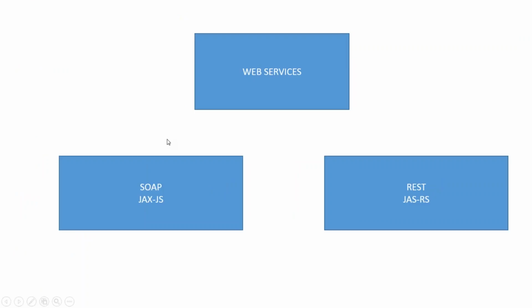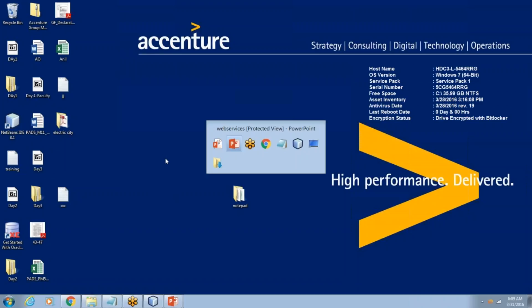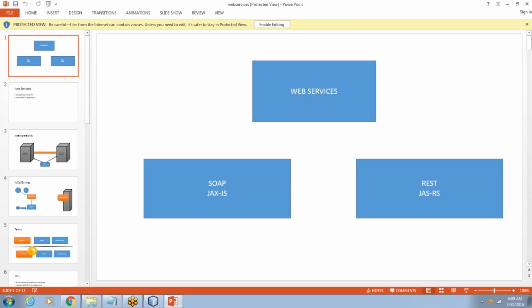Now next let us start with the web services. Any idea on web services? What is a web service? Let me say a web service is a piece of software that will run on more than one system.